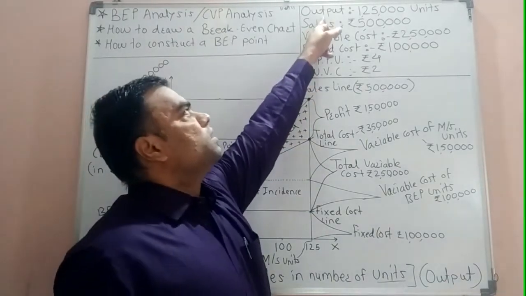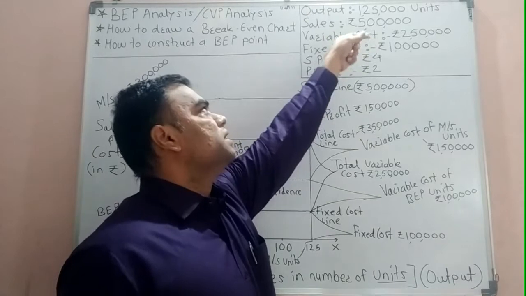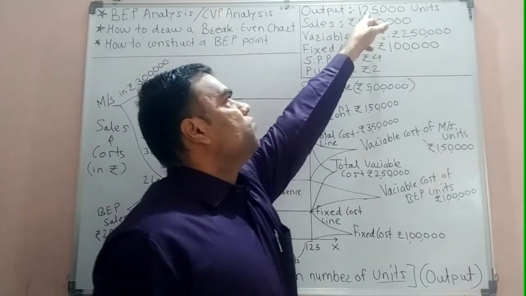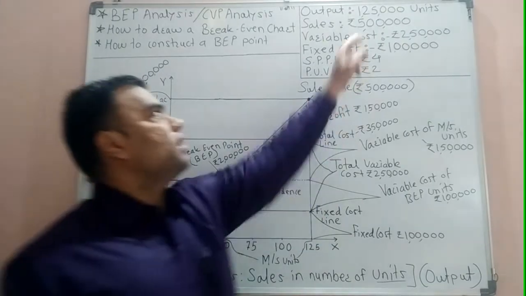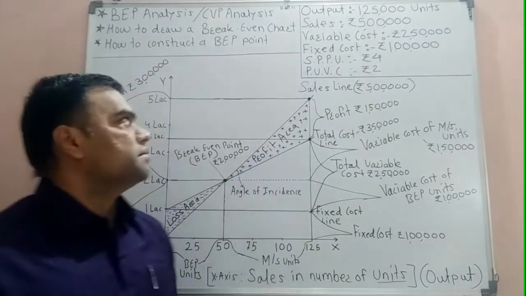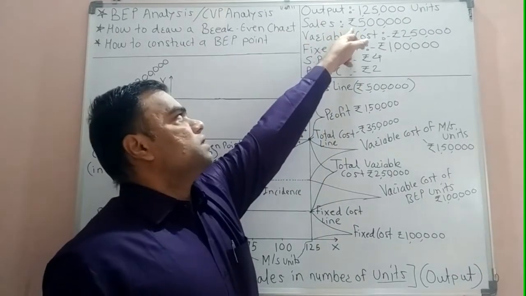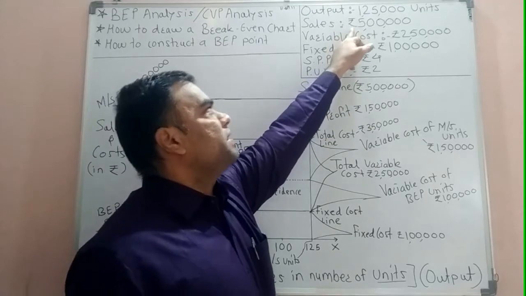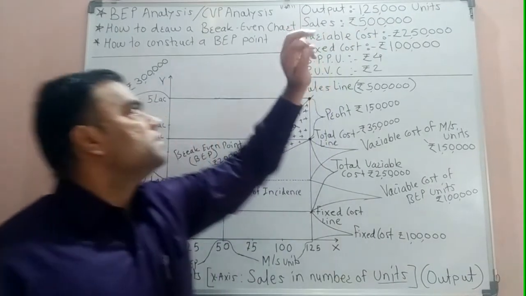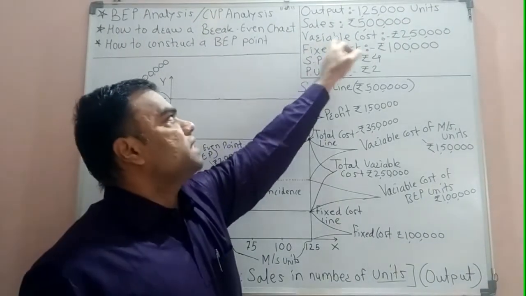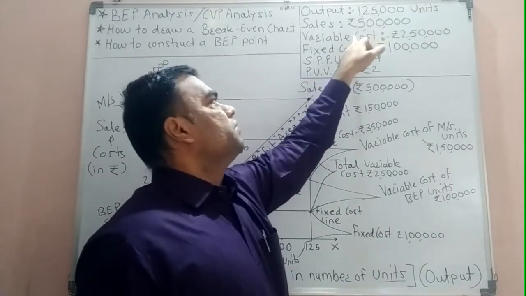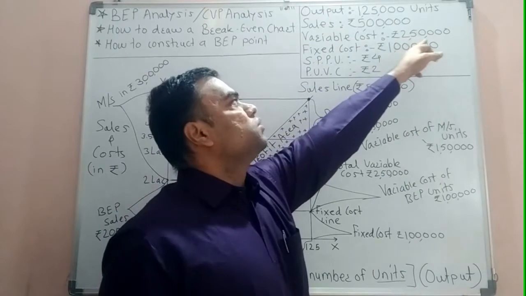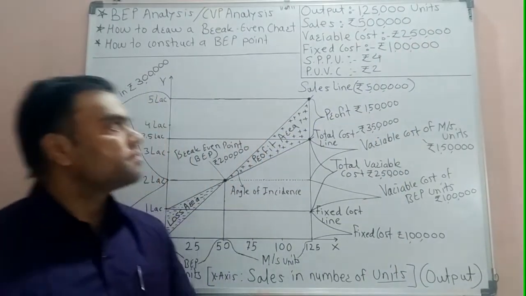Output means the total number of units sold: 1,25,000 units. Total sales in rupees is 5 lakh. Then the total variable cost of 1,25,000 units is rupees 2,50,000.